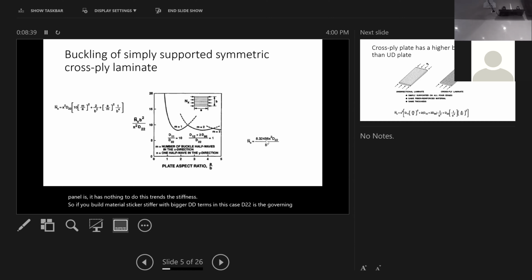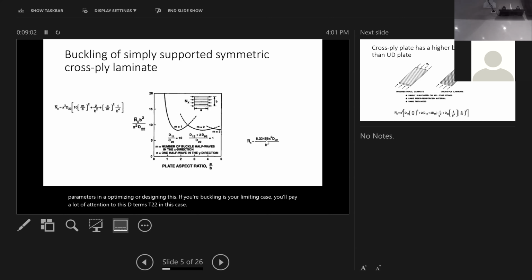You increase that term, you will increase the buckling threshold for this plate. Okay. That's the beauty of a closed form solution. That leads you directly to the most important parameters in optimizing or designing this. If your buckling is your limiting case, you pay a lot of attention to these D terms, D22 in this case.